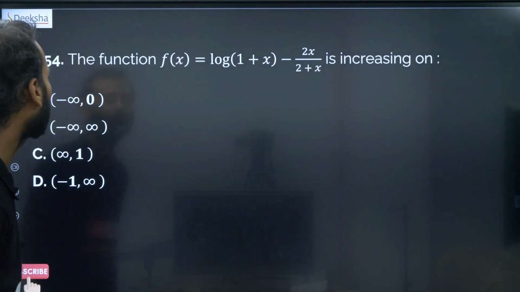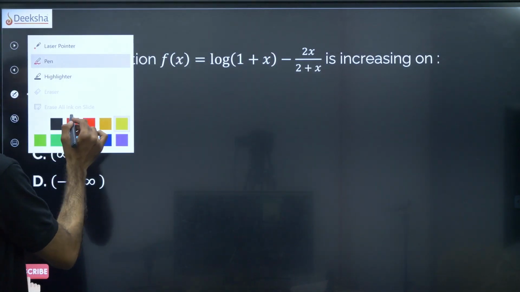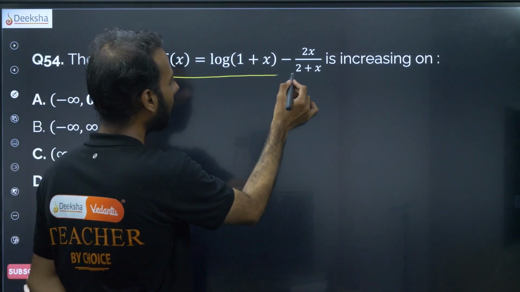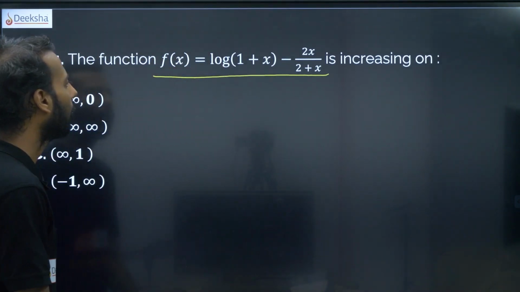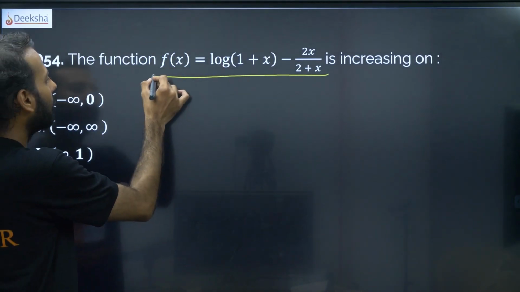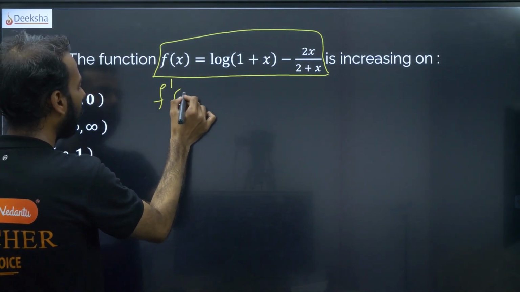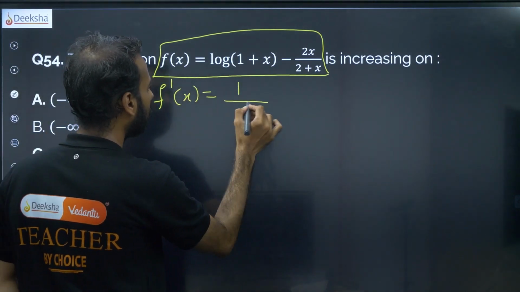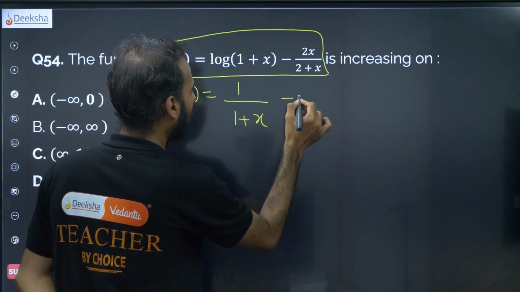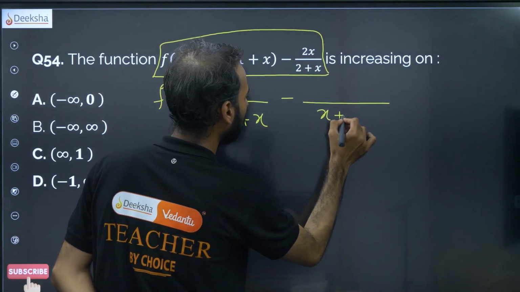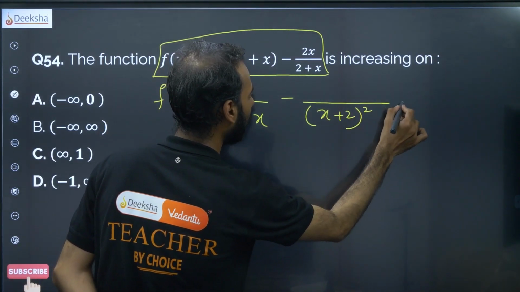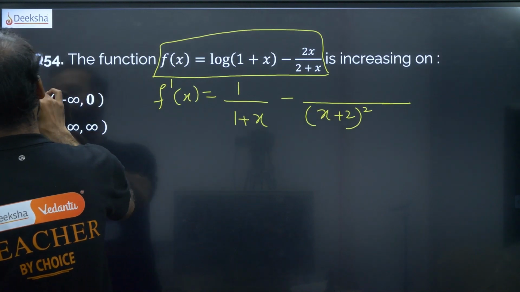The function f of x, some function here, is increasing. Whenever a function is given as increasing, to find the increasing of this, we have to differentiate. f dash of x is minus x plus 2 denominator square. I am using d by dx of u by v.